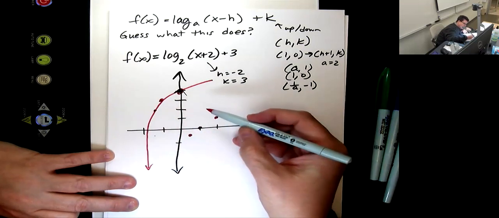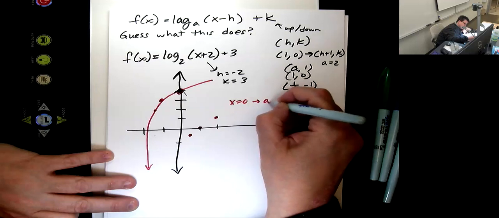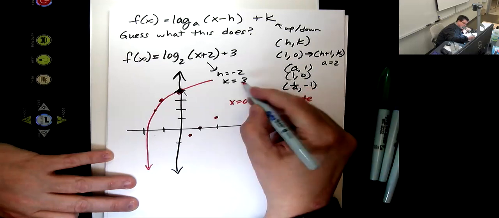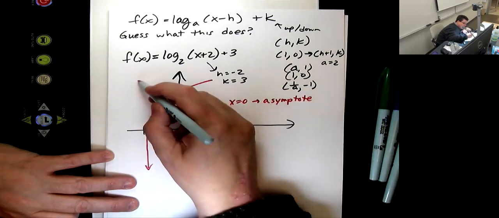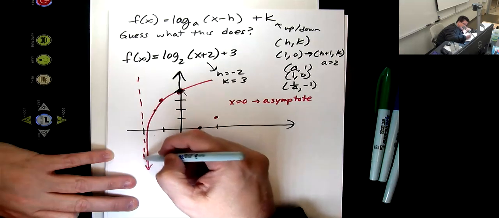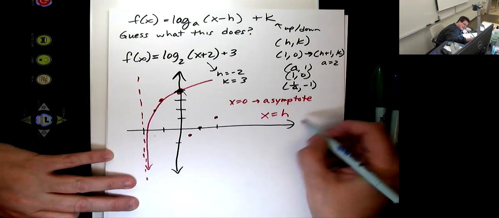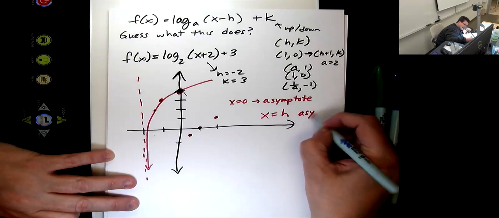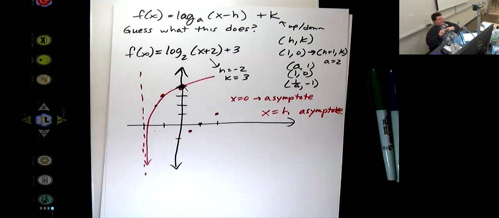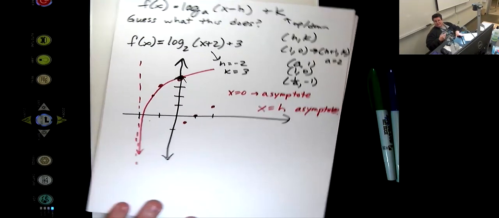And what happens is x equals 0 was the asymptote. That's the old one. But the asymptote has shifted now to negative 2. So the asymptote is really at x equals h. God, that asymptote's all crooked.